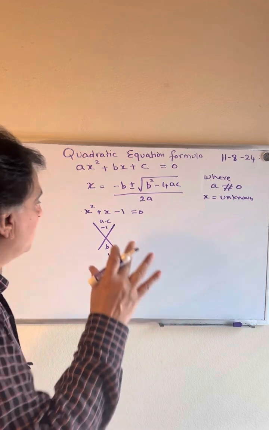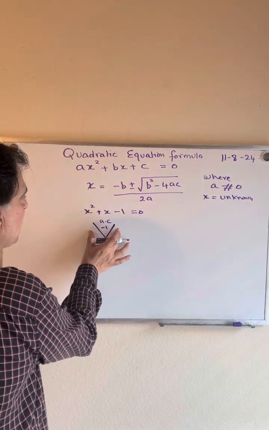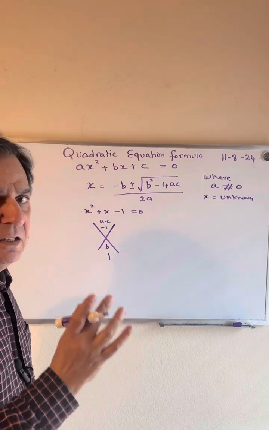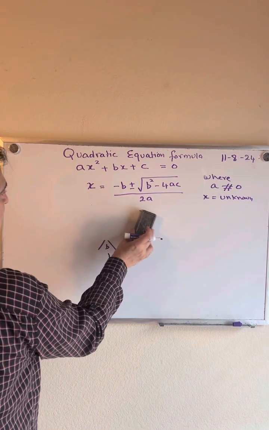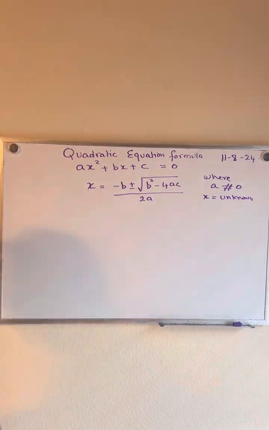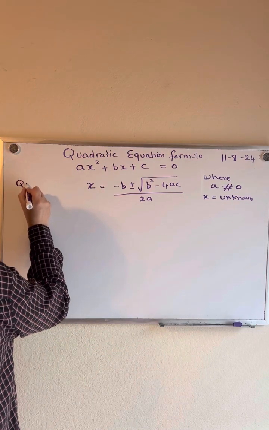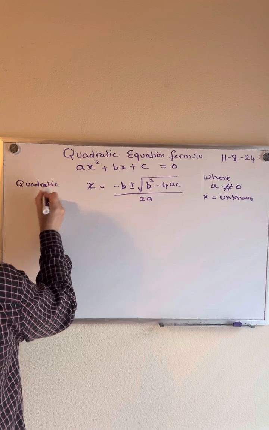So in that scenario, you are not able to use the big X technique or the traditional method for finding the factors. So then what we do is that we use the quadratic formula, which is right here, my friends. And you have to memorize that, okay?